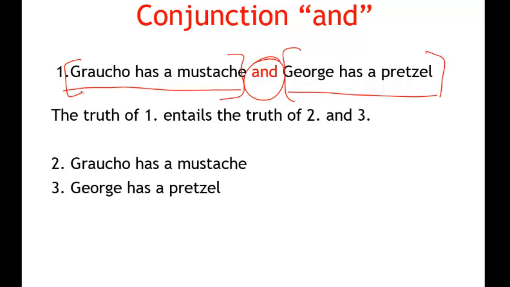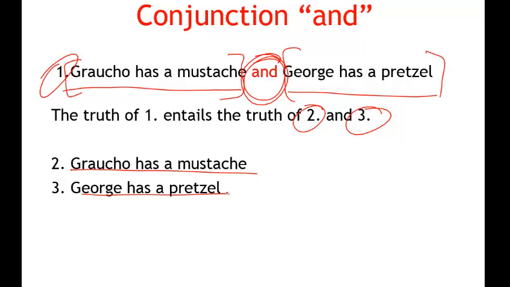Here we've got this logical operator. It's set up such that we can conclude either 2 or 3 given 1, 2 being Groucho has a mustache, 3 being George has a pretzel.